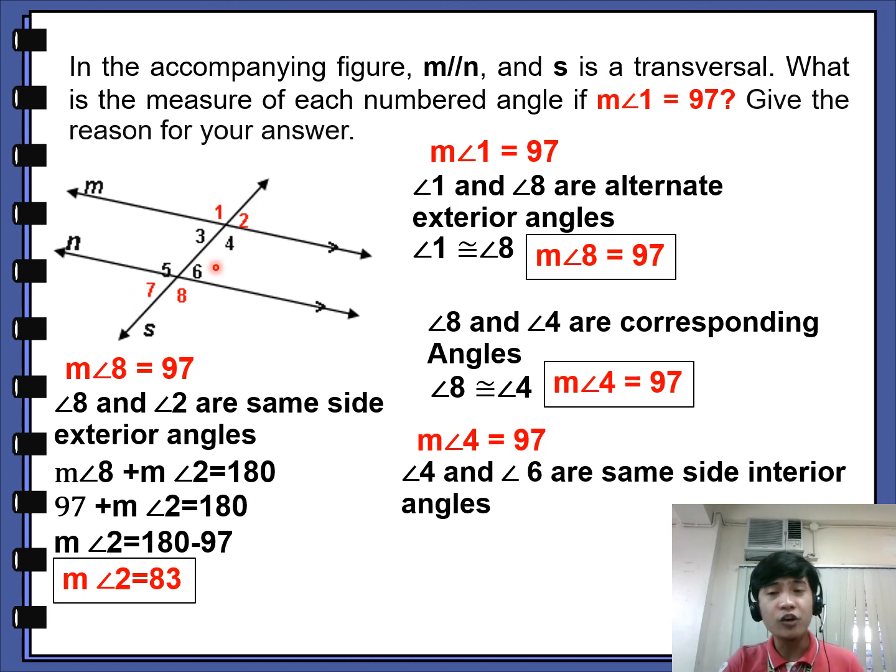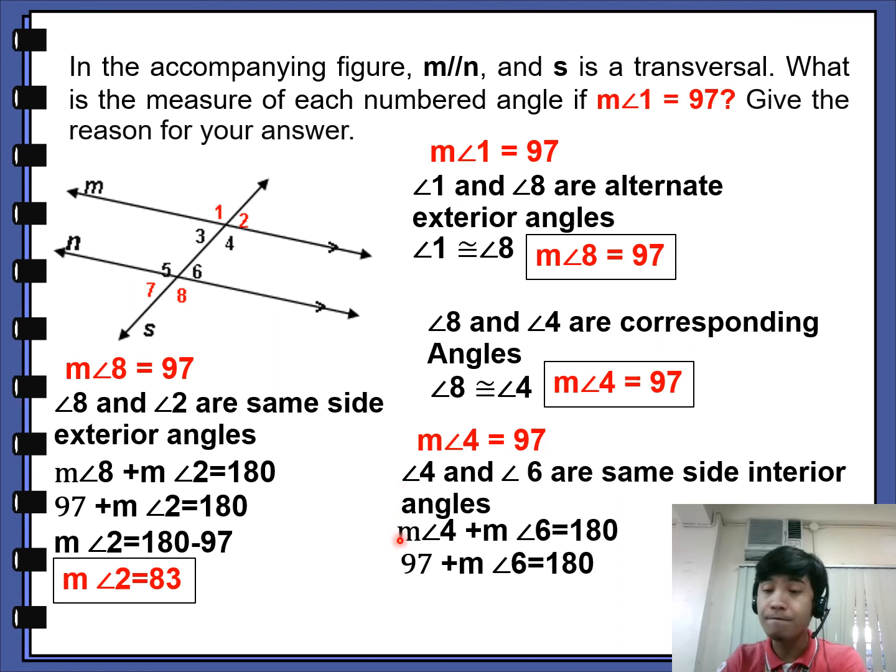Now, ano ngayon kung same side interior angles si angle 4 and angle 6? Now, the property of same side interior angles is same side interior angles are supplementary. So, as a result of that, the measurement of angle 4 plus the measurement of angle 6 is equal to 180.